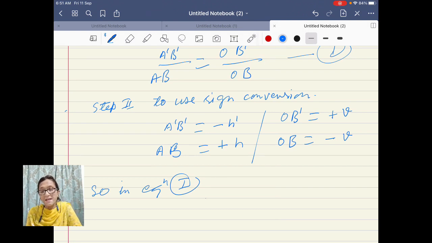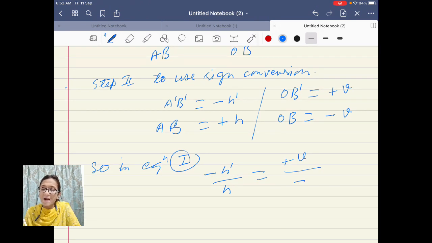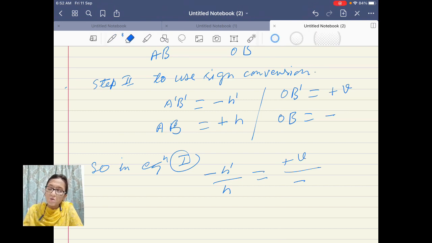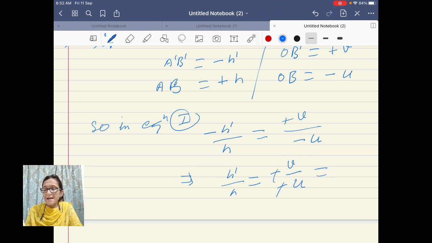What is A'B'? A'B' is minus h', upon AB which is h, is equal to OB', it is plus v, divided by OB, that is minus u. So from here you get h' upon h is equal to minus v upon minus u. Minus minus cancel and this becomes equal to v upon u. So this is your magnification of the image.